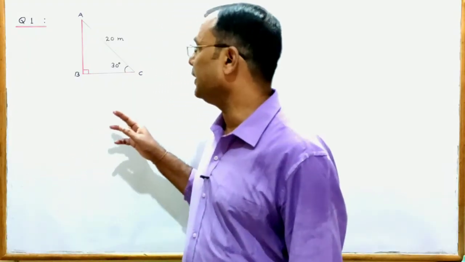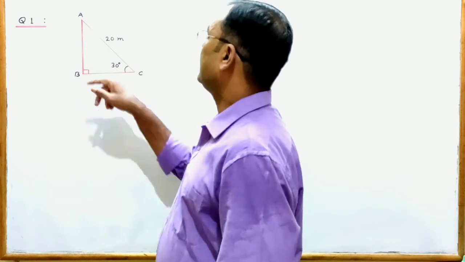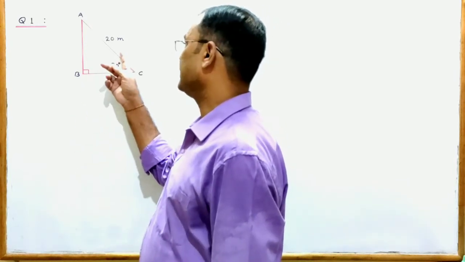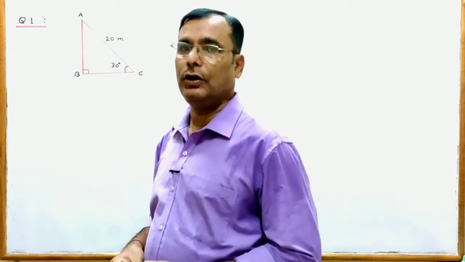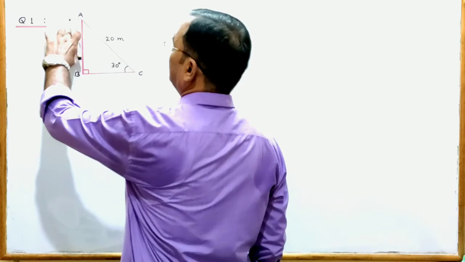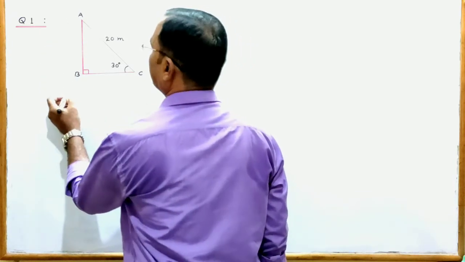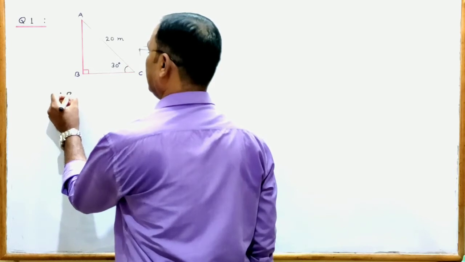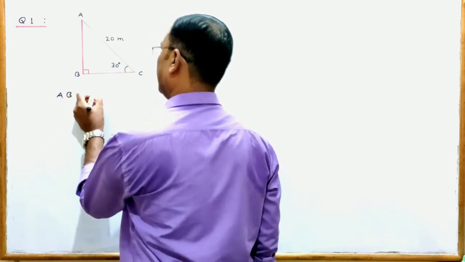In this given figure, AB represents the pole and AC represents the 20-meter long rope, and we have to find the height of the pole AB. So let us write: AB, height of the pole.